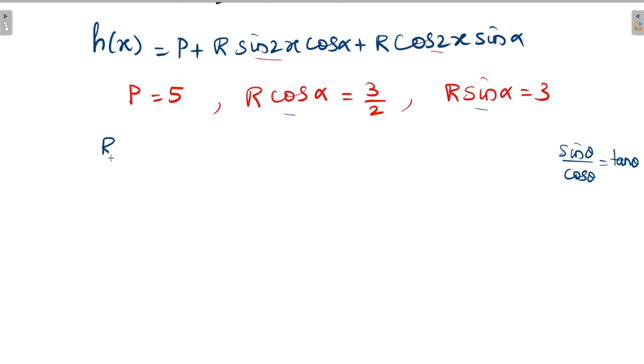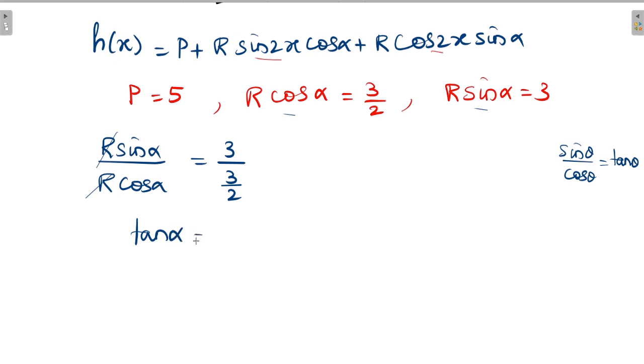So r sin alpha divided by r cos alpha is equal to 3 divided by 3 by 2. So this r will be cancelled. Tan alpha is equal to, 3 will be cancelled, 2 will go there. So tan alpha is equal to 2. Alpha is equal to tan inverse of 2.